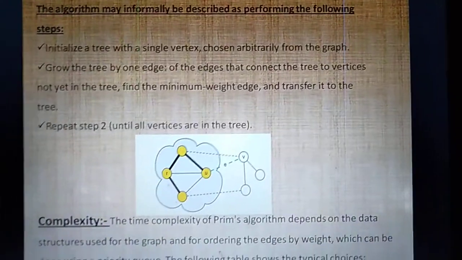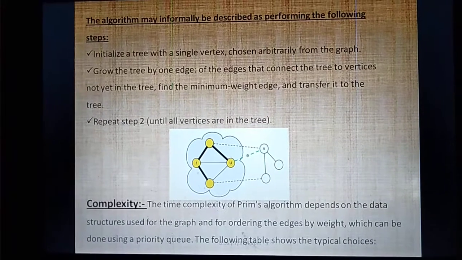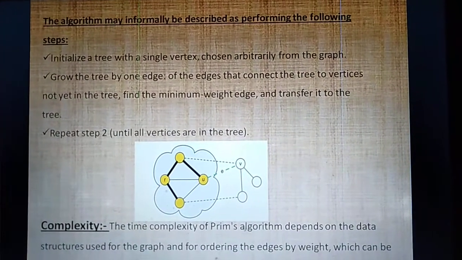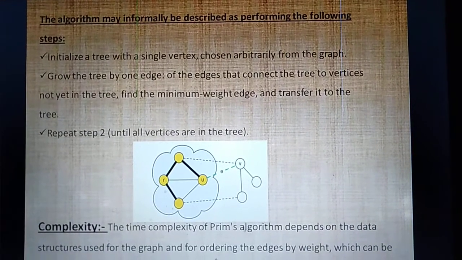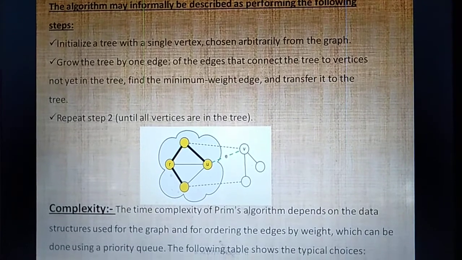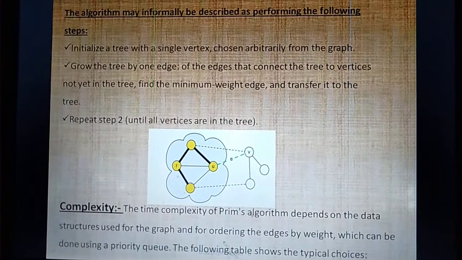For this algorithm, we can define the different steps that can be followed. Let us discuss. Initialize a tree with a single vertex, and you have to select one arbitrary vertex from the graph.